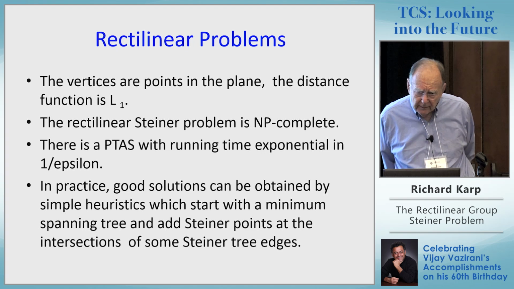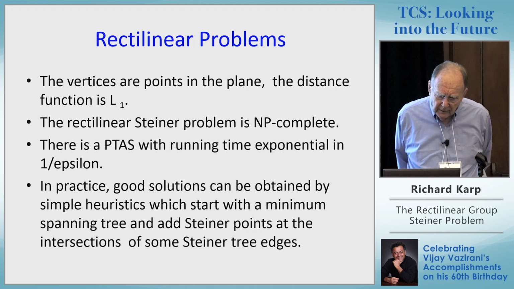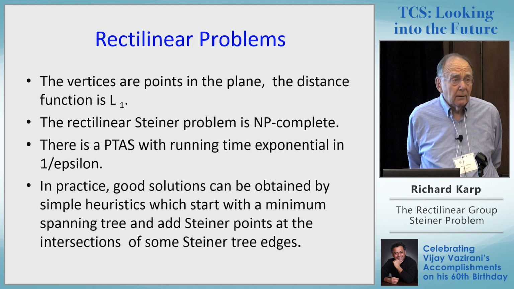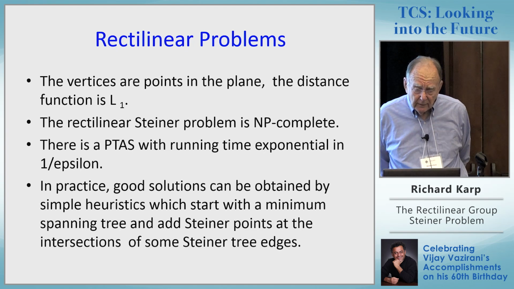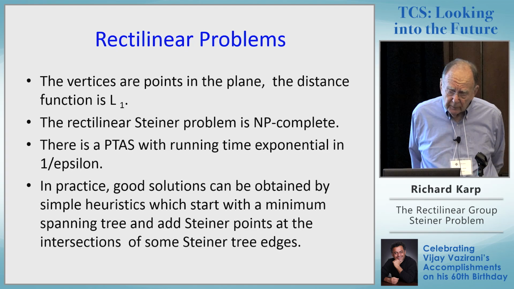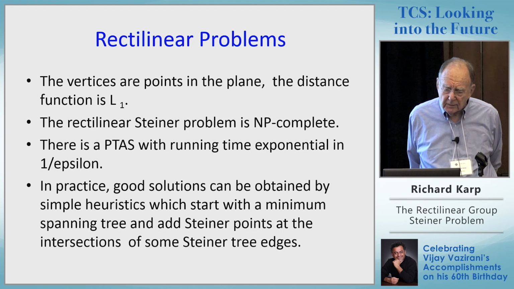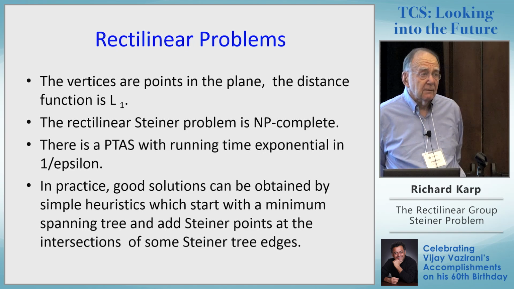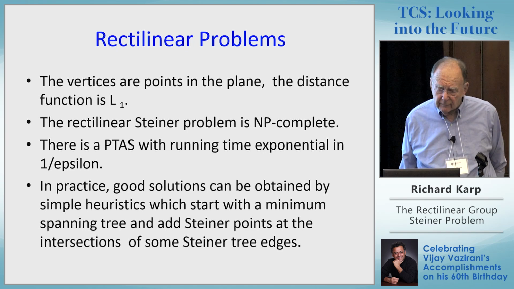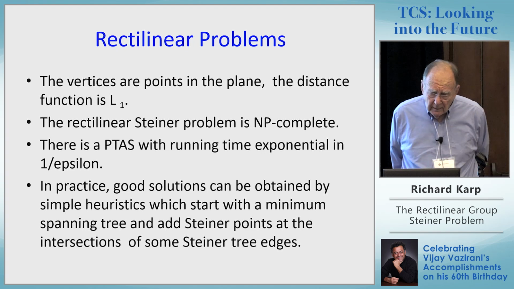But in practice, rectilinear problems can be solved, not for the group Steiner problem, but for the regular Steiner problem, very simply by starting with a minimum spanning tree and adding Steiner points at the intersections of some Steiner tree edges. That tends to give a very good approximation.